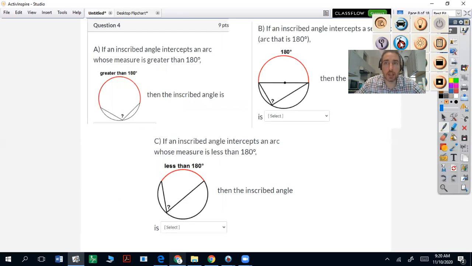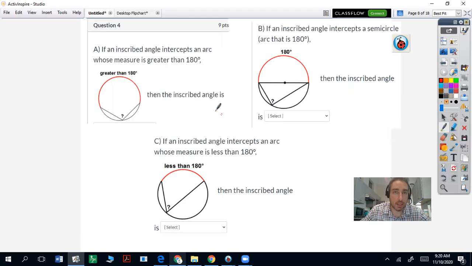Question 4, just going through the relationship between obtuse, acute, and right angles. So if you remember, an acute angle is going to be less than 90.